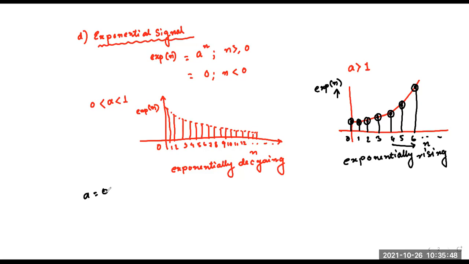Sir, 0, sir. Zero, yes. The exponential value will be 0. So that means it will be a straight line, like this.